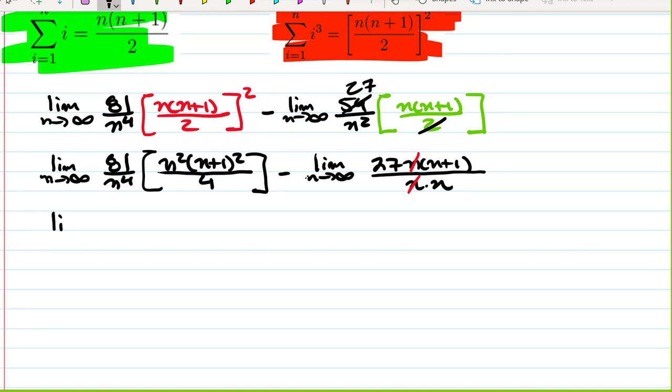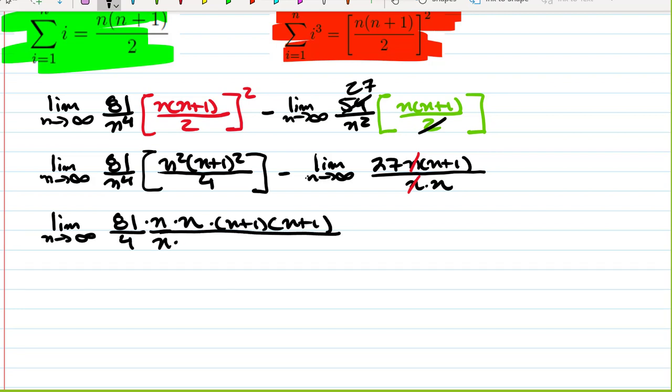So let's keep going. The limit as n goes to infinity, and I'm going to write everything out kind of longhand once again. So 81 times n, because that's n squared, times n plus 1 times n plus 1. Put my 4 here, and then I'm going to put an n, because I have 4 of them under each of these. And then do something similar here.